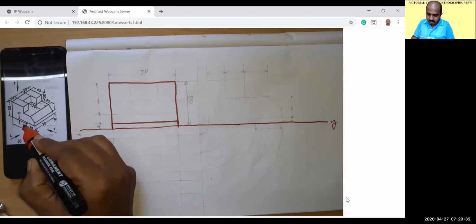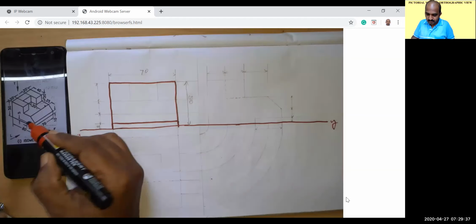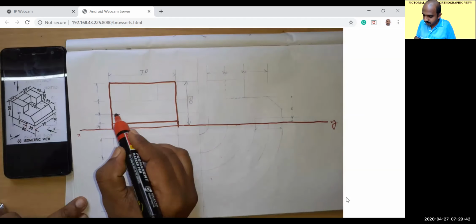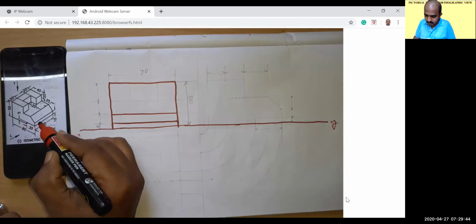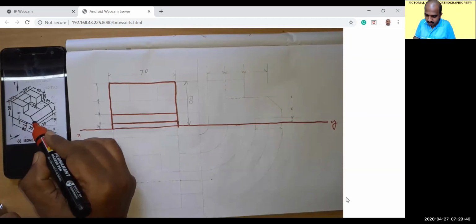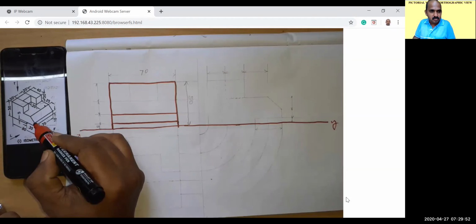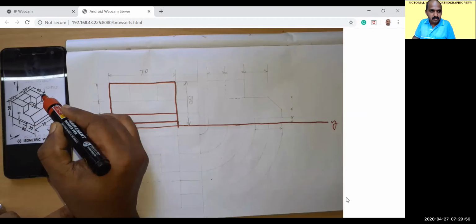And another line which is at a height of 10 from here. Inside there is a 5 mm line, and above that a 10 mm line. So the total is 15. And we have 20 here.